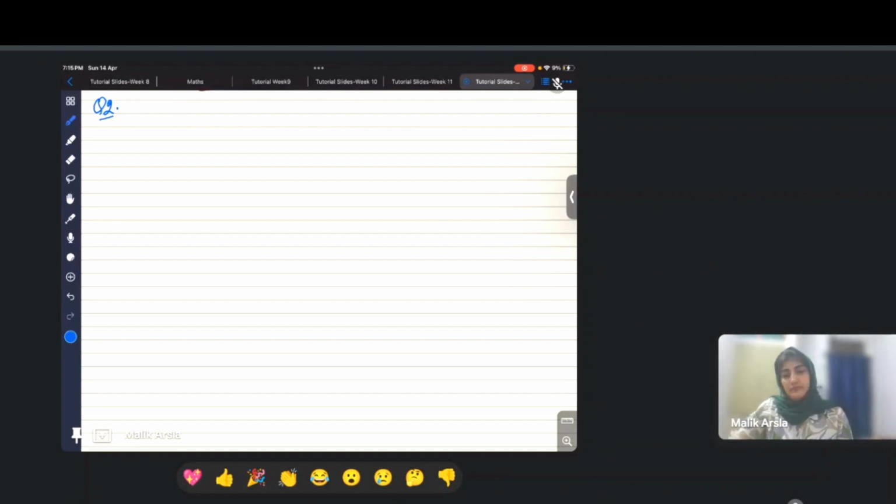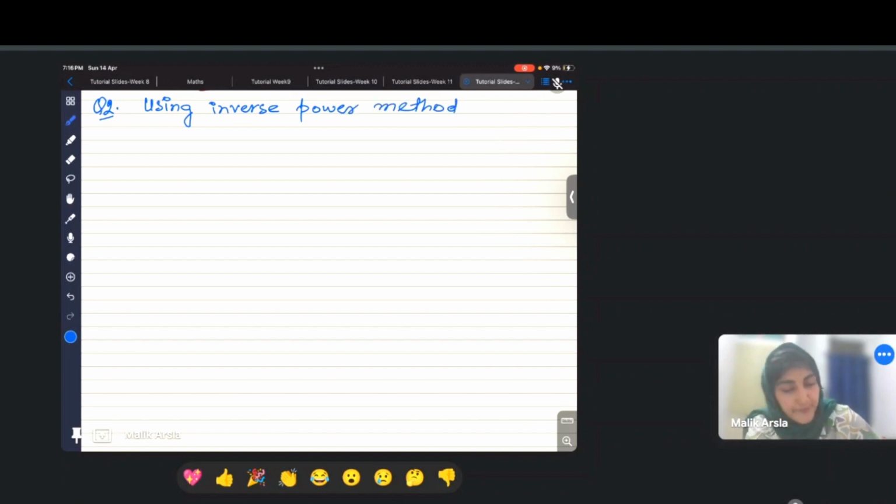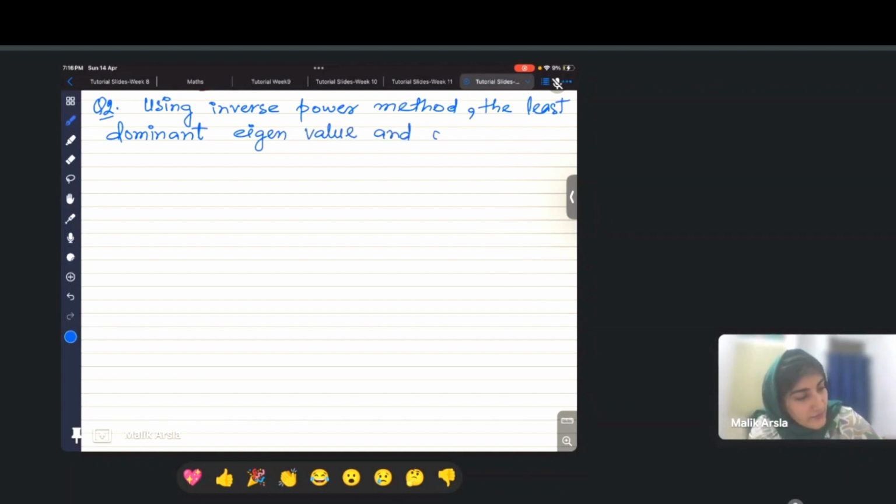So the second question is: using the inverse power method, find the least dominant eigenvalue and corresponding eigenvector of the matrix.